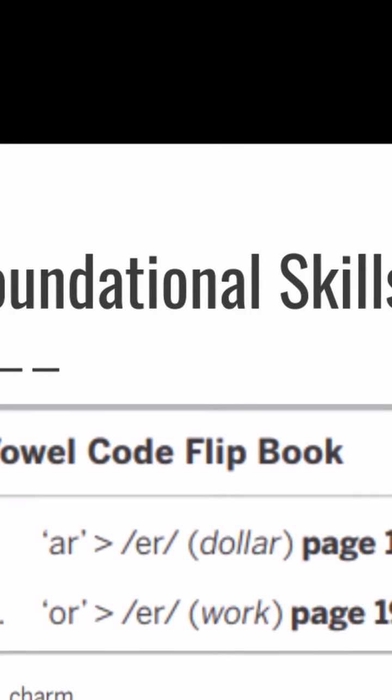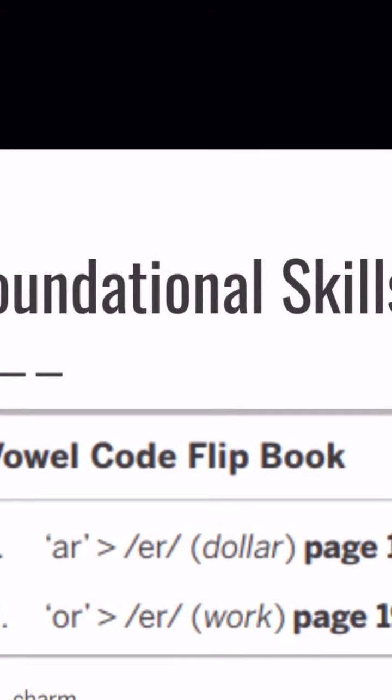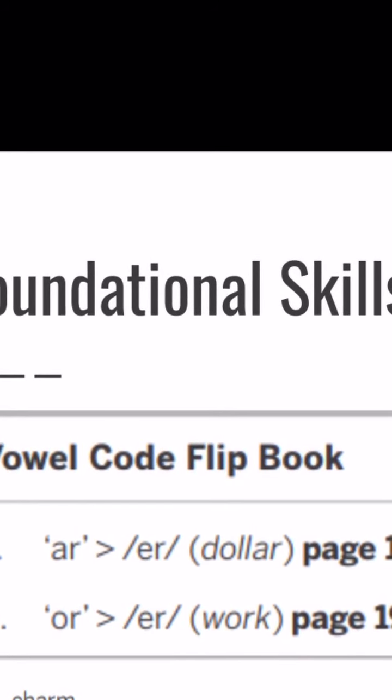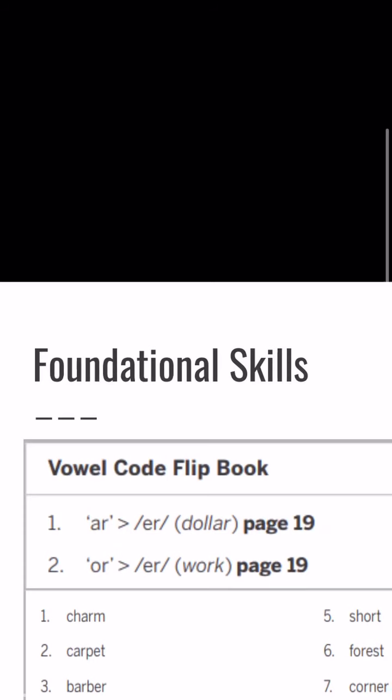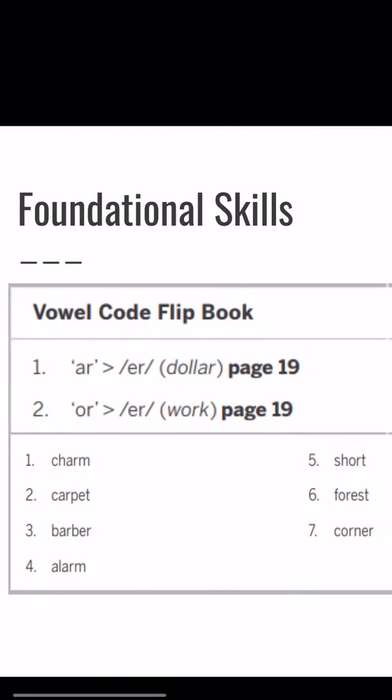Okay, and then we have OR making the sound like in the word work. Okay, I included numbers 1 through 7 down here because those are some sounds that you're used to. AR normally makes that R sound, OR normally makes that OR sound, and ER normally makes that sound, right?